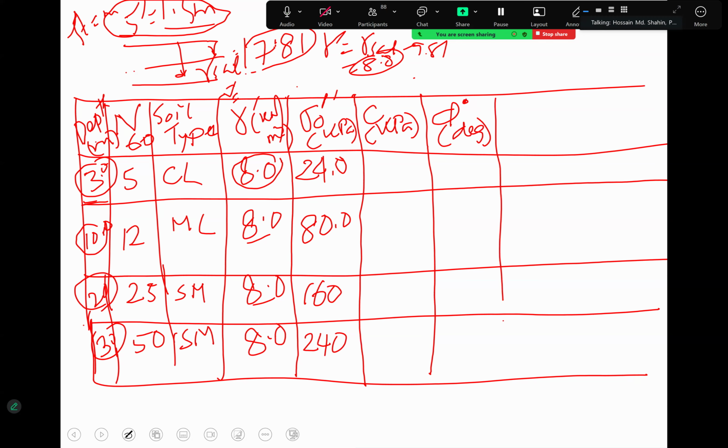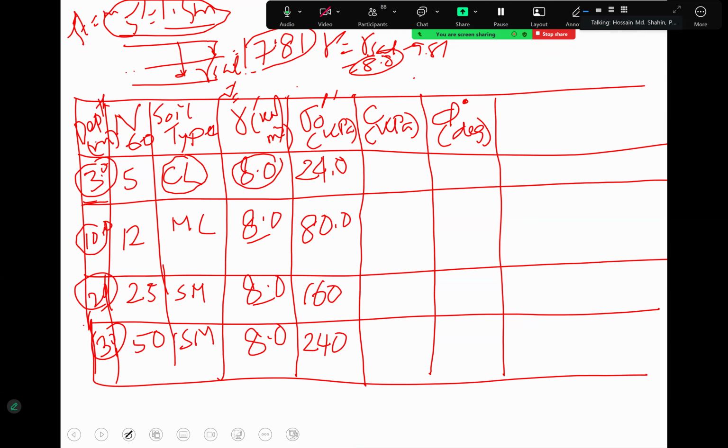So C, so it is CL. As I said, in CL, what you have to use? Low plasticity clay, Sauer's equation. So use that equation.